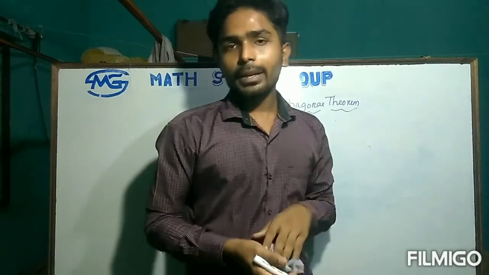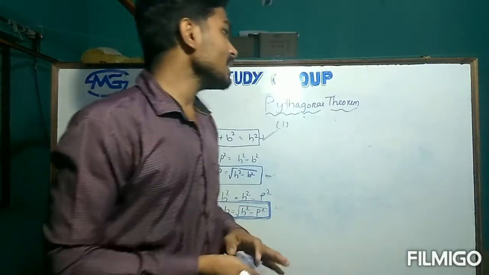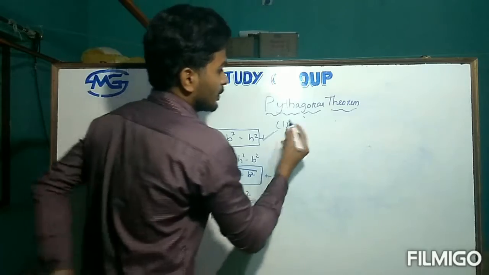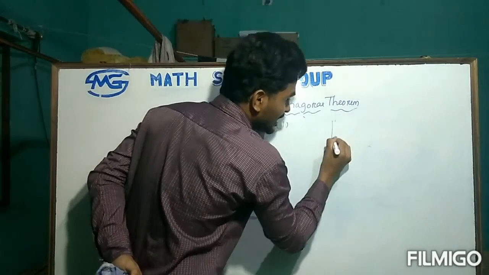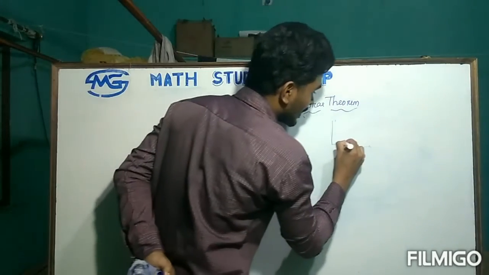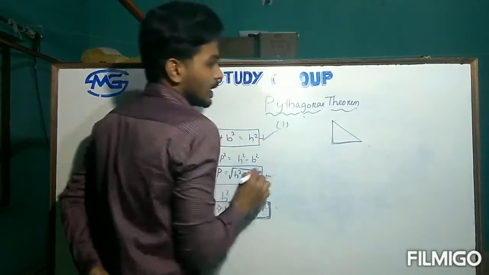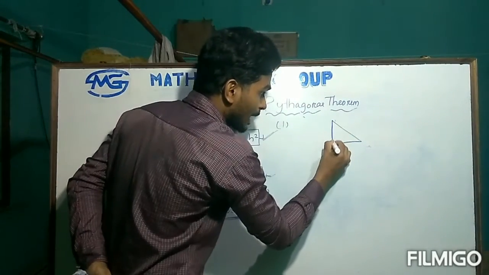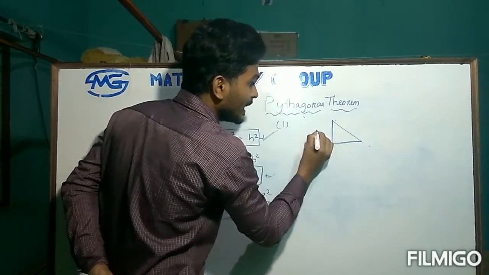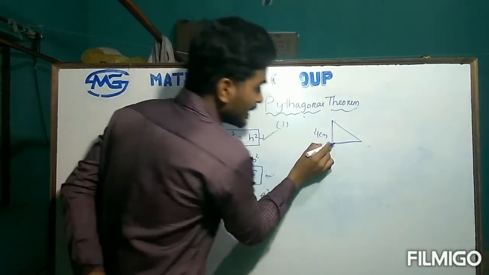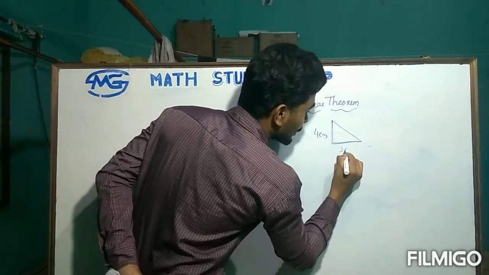Let us do some problems relating to this theorem so that it is easy to understand. Okay, so let us take an example. Suppose a right angle triangle is given. Given that this part, which is the perpendicular height, is 4 cm, and this part is 3 cm.